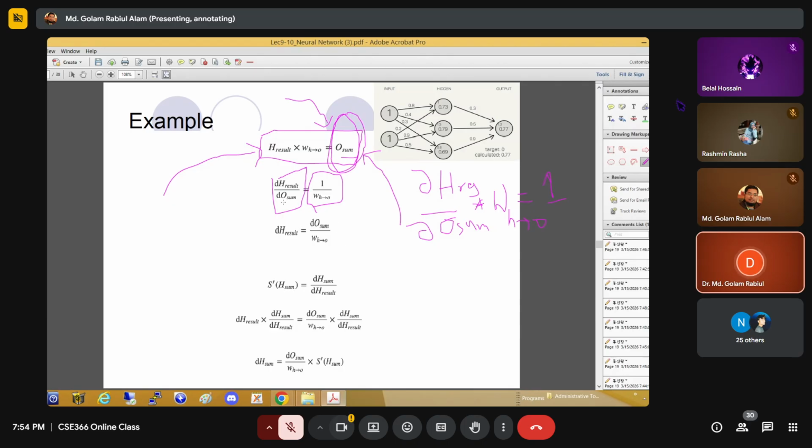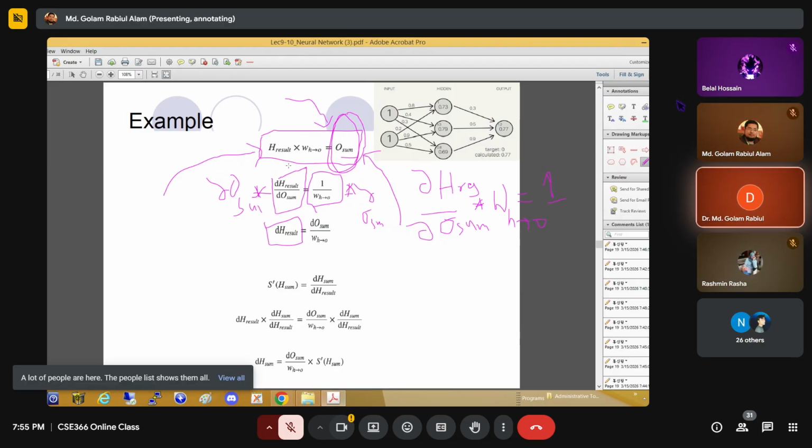Now from this equation, if we want to find out delta hidden results, we have to multiply both sides by delta O sum. Then on this part we will get only delta hidden results.